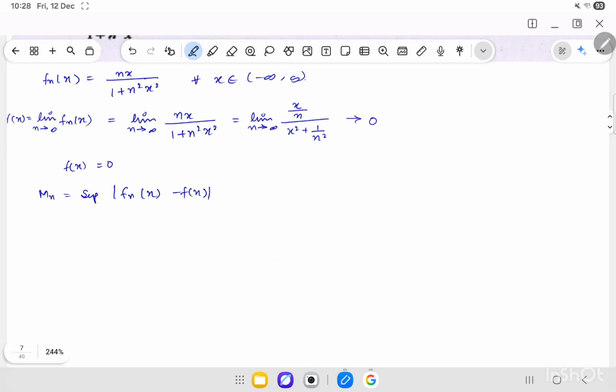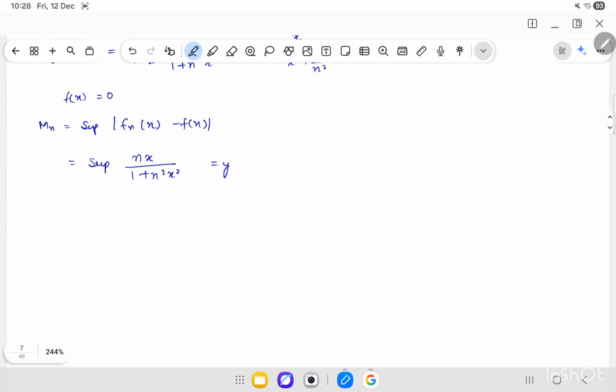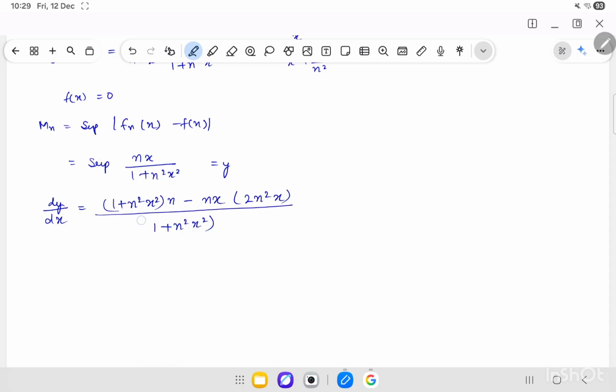So it will be equal to the supremum of nx divided by 1 plus n square x square. If we just evaluate it, let's name it as y and calculate the point where it attains maximum. So dy by dx will be equal to (1 plus n square x square) times n minus nx times 2n square x, divided by (1 plus n square x square) whole square.